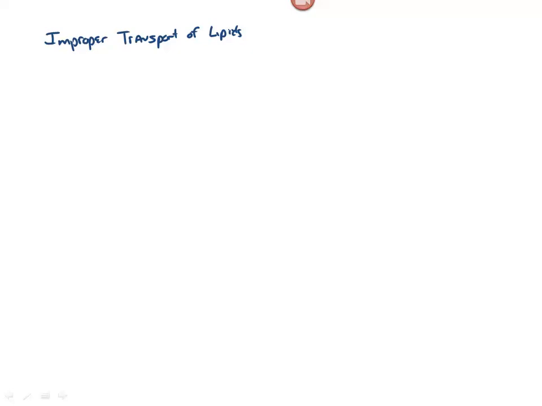There's a bunch of different types of transporters for lipids, I guess we'd call it, and then there's sort of a pathway, and it starts in the liver. The liver produces what are called VLDLs, because no one wants to write out the whole word, but I'll write it out. VLDL stands for very low density lipoproteins.